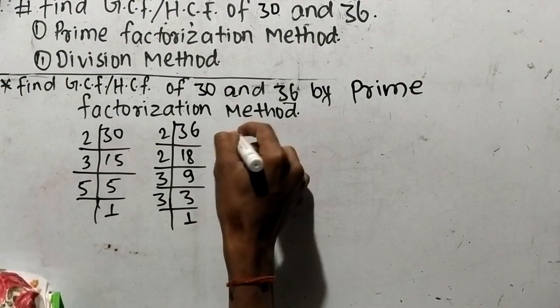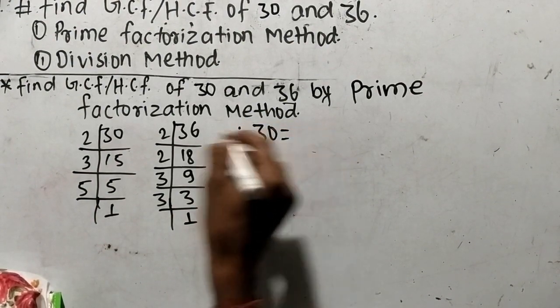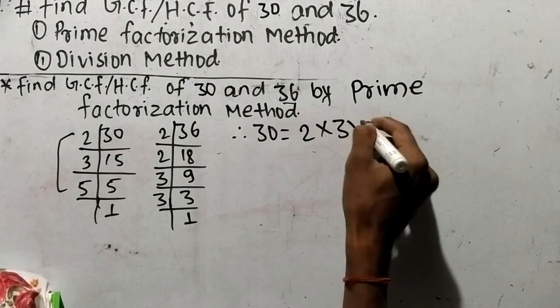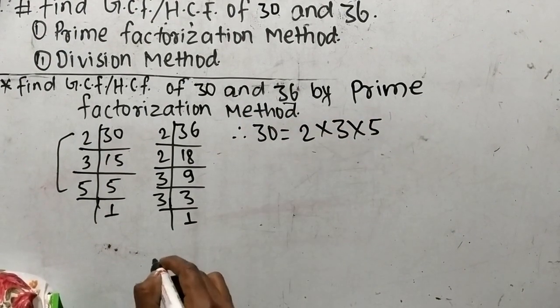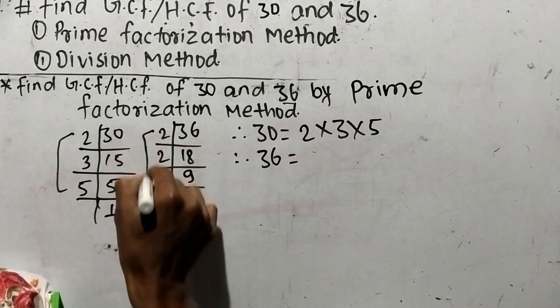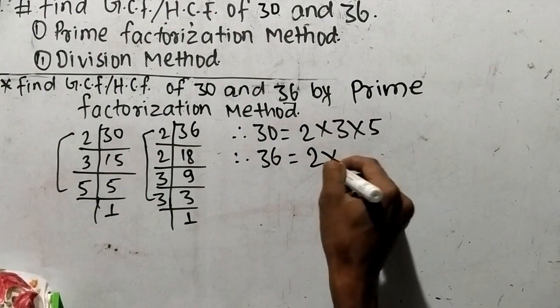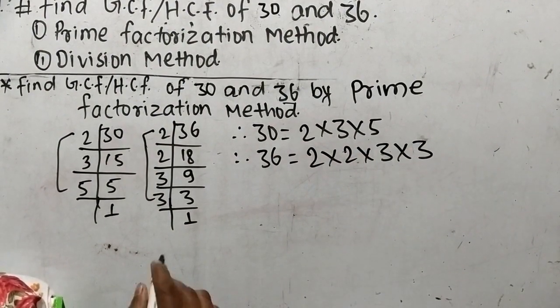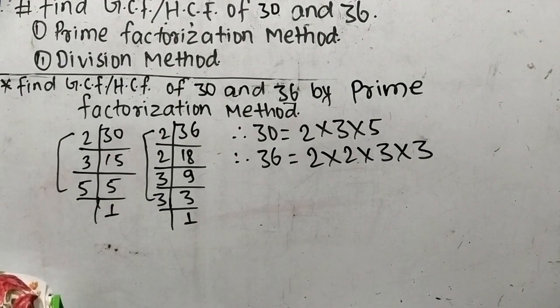So from these prime factors we can write 30 is equal to 2 times 3 times 5. In the same way we can write 36 is equal to 2 times 2 times 3 times 3.